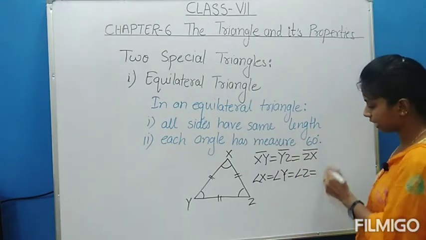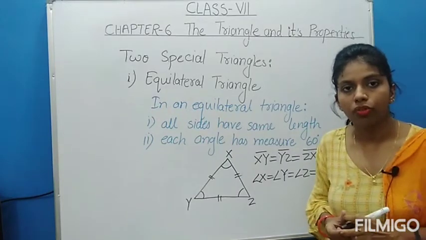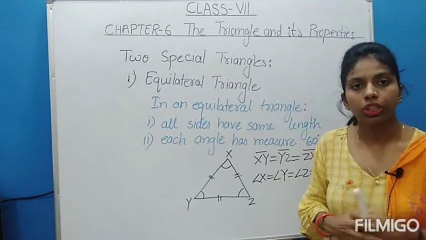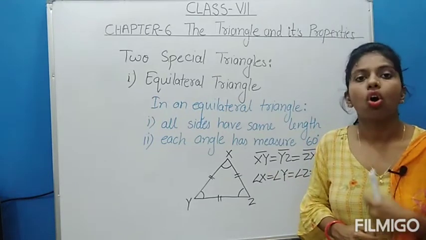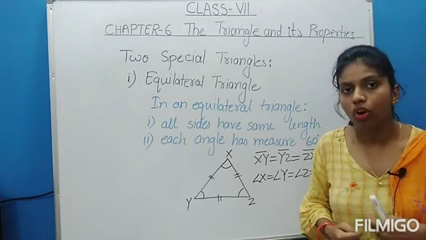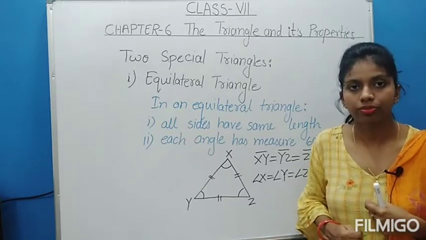It is 60 degrees. So these are the two properties for an equilateral triangle: all sides are equal to each other, and all angles are equal to each other, and the measure of all angles is always 60 degrees.